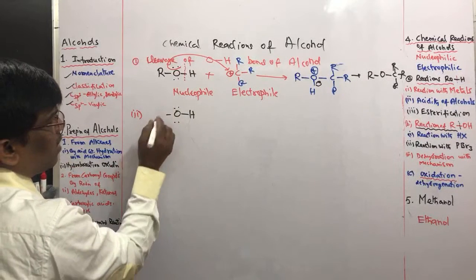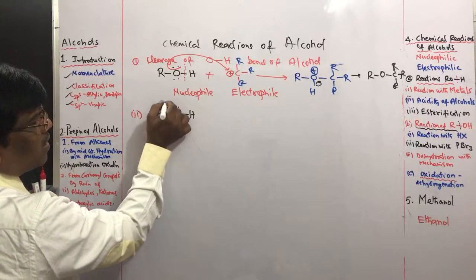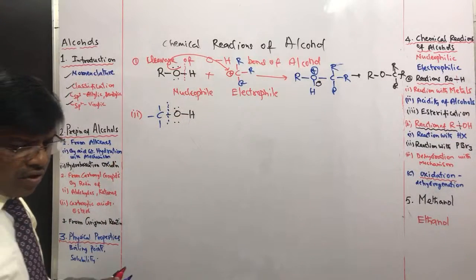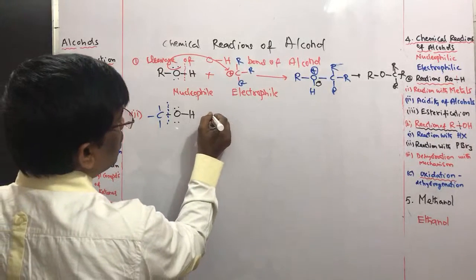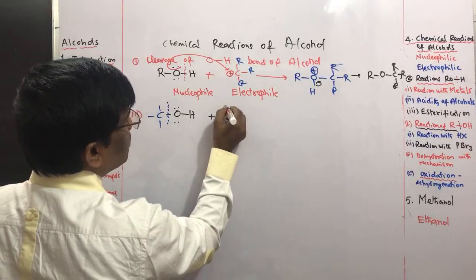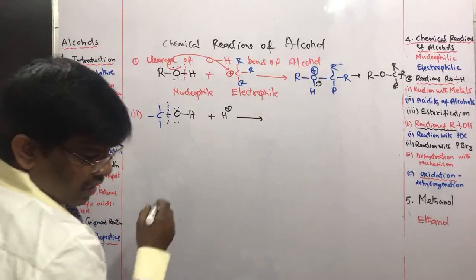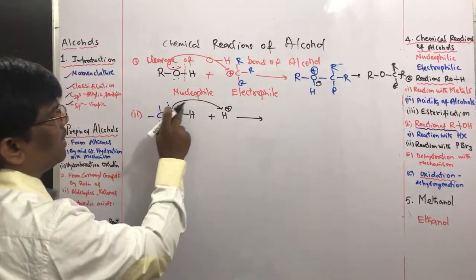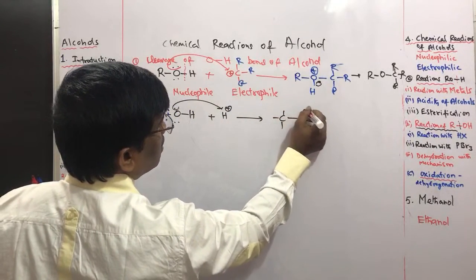So let me write here carbon. The bond between this carbon and oxygen is going to break. What is going to happen in this case? For example, if I add H plus, it is going to form an oxonium ion.